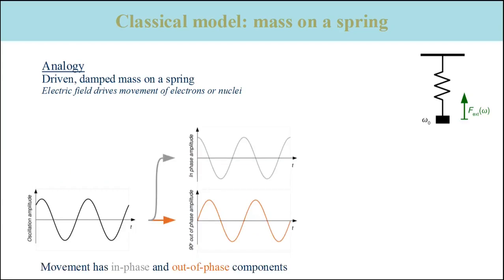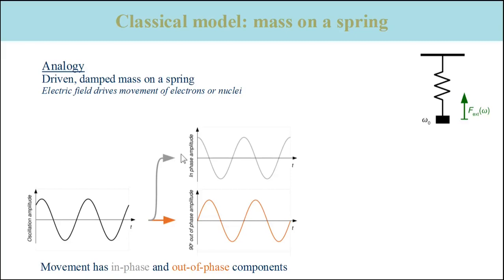Such a phase-delayed cosine function is mathematically equivalent to the addition of a cosine and a sine function. The cosine function on top is in phase with the driving force and represents the in-phase component of the movement.